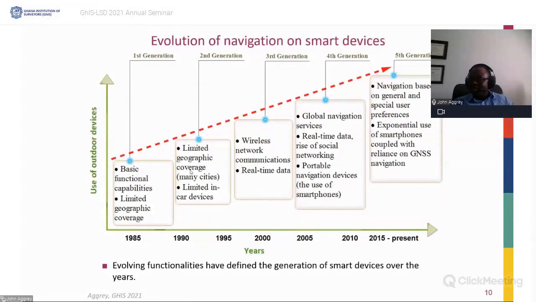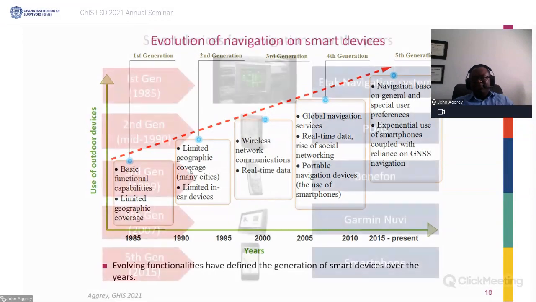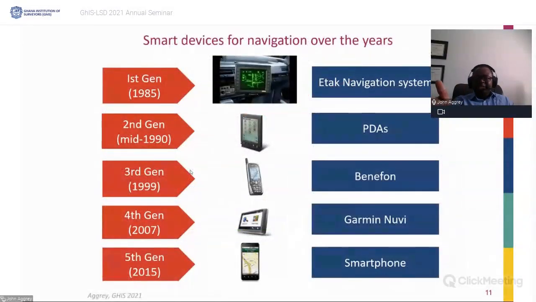It has exponential usage in terms of positioning. You can use it to navigate yourself from point A to point B without any problem in any country, wherever you are on planet Earth. So that makes it quite interesting. I just wanted to give an example of the devices over here.